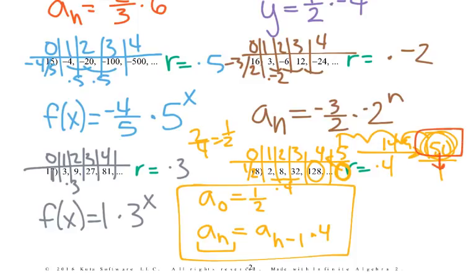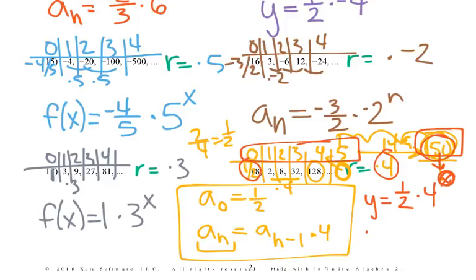So for my explicit, I go y equals my starting number 1/2 times my growth to the x. Because it's not x minus 1, or a sub n, or f of x, because it's the x, it refers to this number.